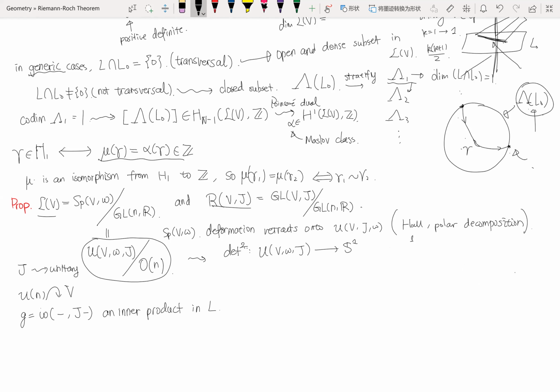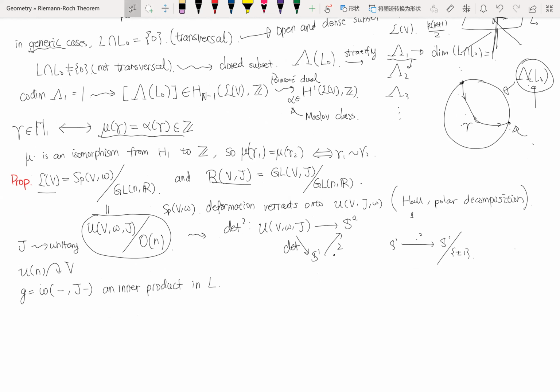It is just like first taking the determinant and then taking the square. So this will naturally map S1 to S1 quotient by plus and minus 1. So we consider the determinant squared, then this will descend into the homogeneous space.